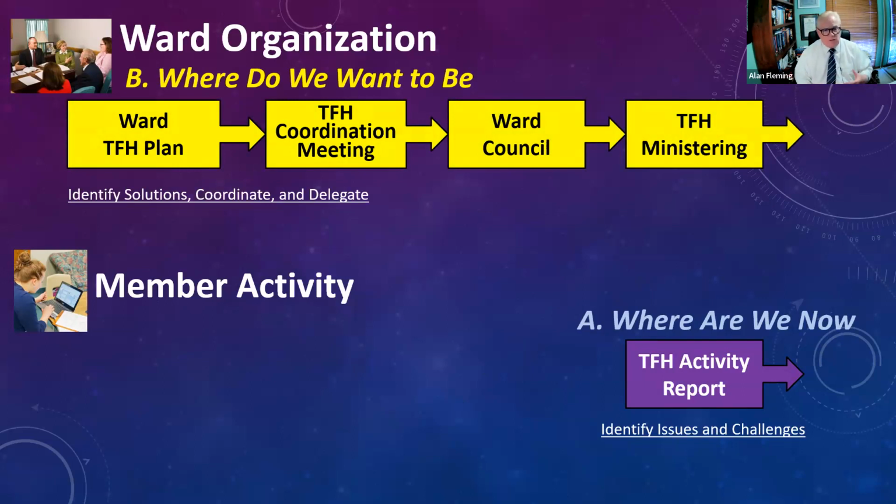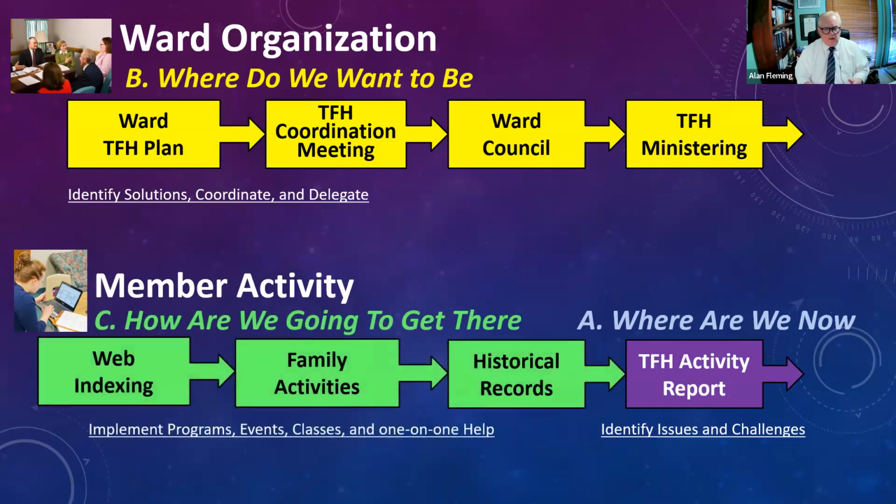So that occurs by creating a ward temple and family history plan, holding a temple and family history coordination meeting, which feeds into the ward council. And out of the ward council comes ministering through temple and family history. Then we look at how we're going to get there. And there's three main activities that occur.